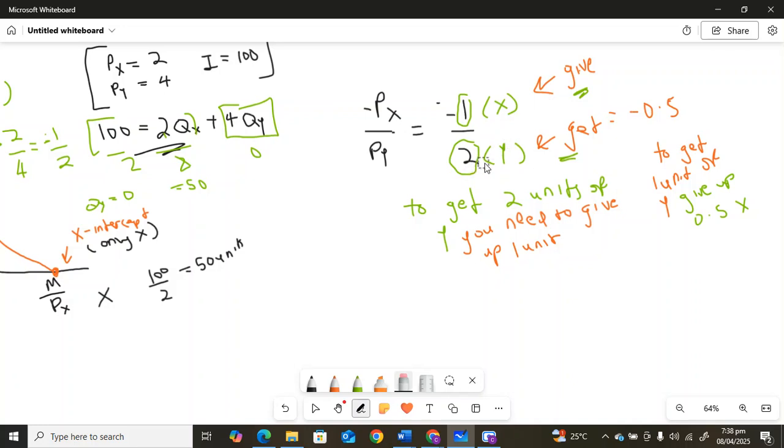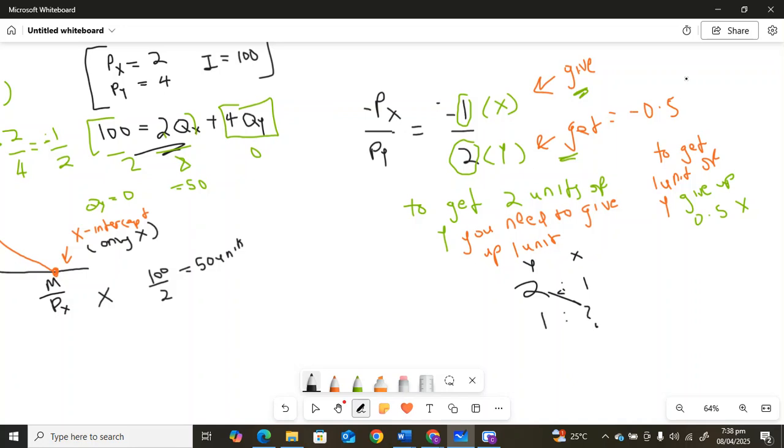So here, to get 2 units of y, you have to give up 1 unit of x. You can even put it in a ratio format. To get 2 units of y, you have to give up 1 unit of x. What about to get 1 unit of y? You can cross multiply and you still get 0.5.